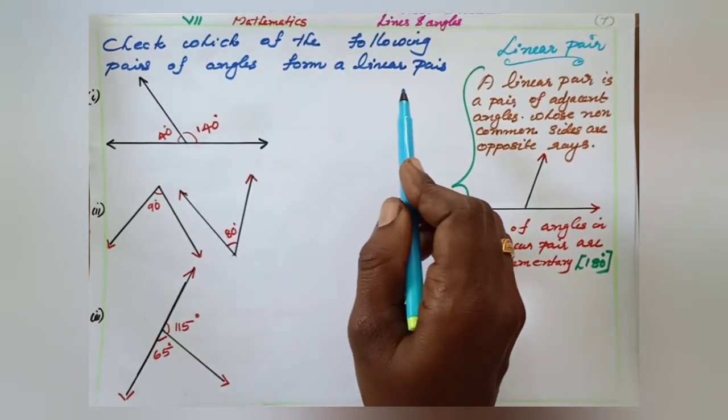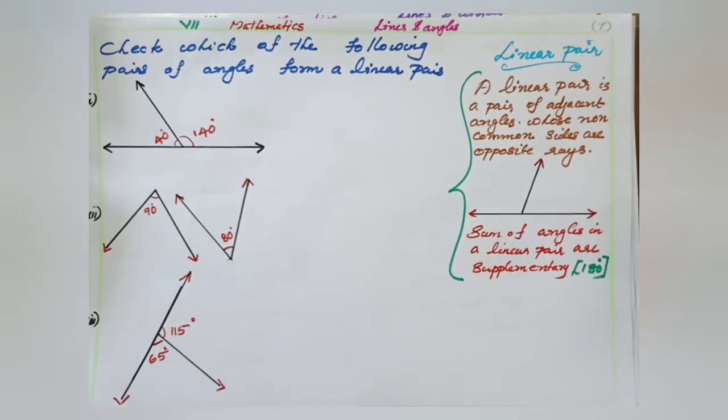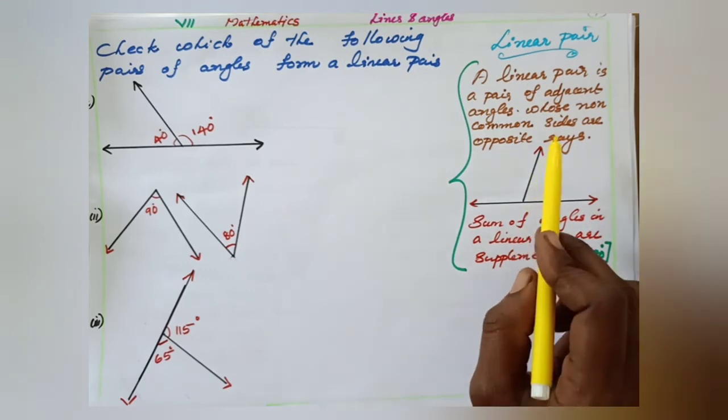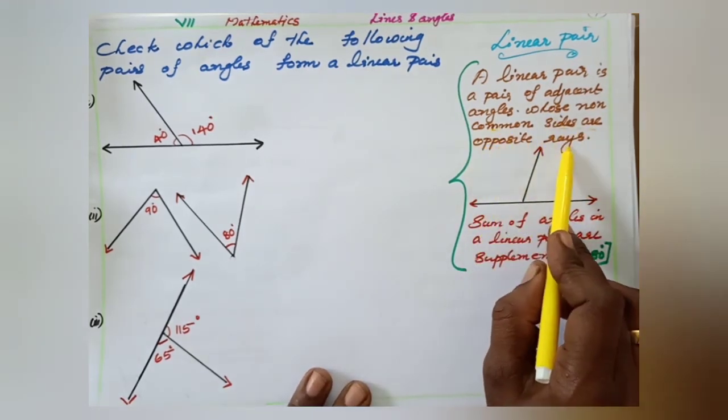Check which of the following pairs of angles form a linear pair. So what is a linear pair? A linear pair is a pair of adjacent angles whose non-common sides are opposite rays.